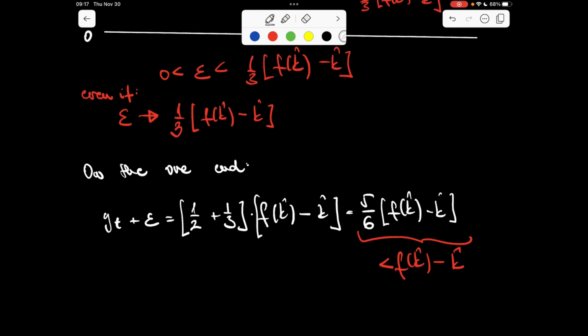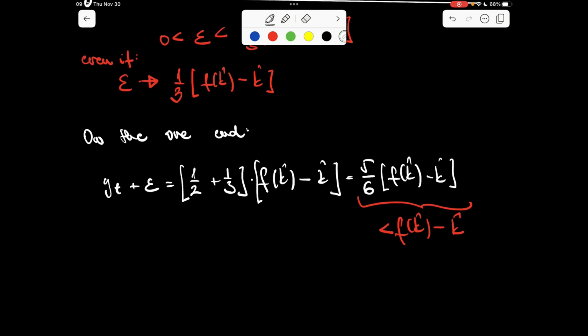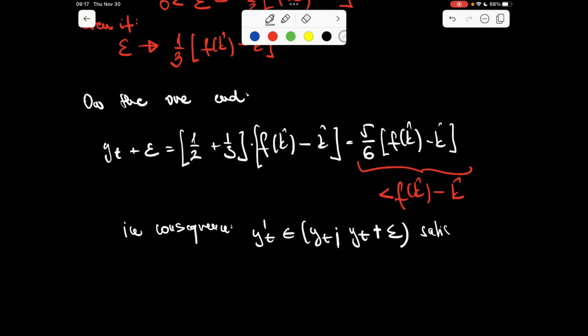So in consequence, we say that any path in this range satisfies, okay. So it's in the production set.